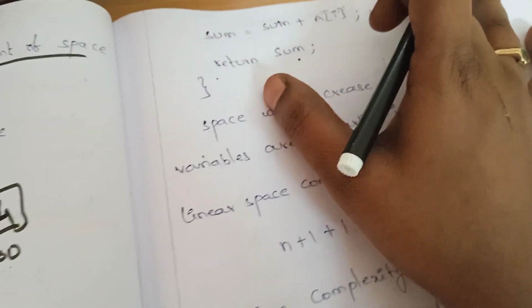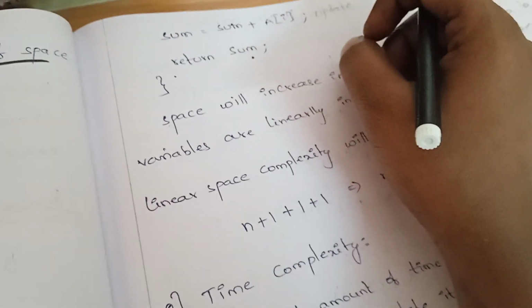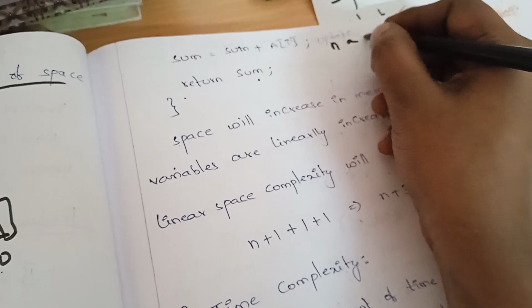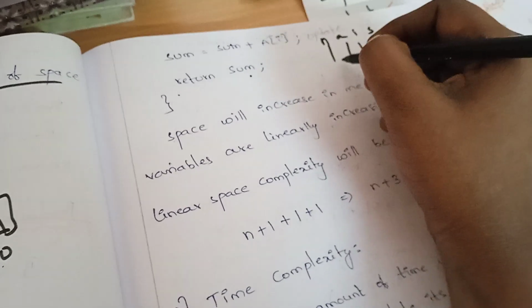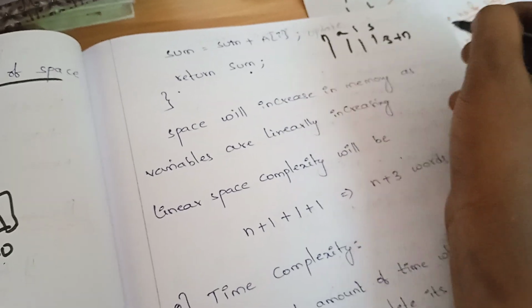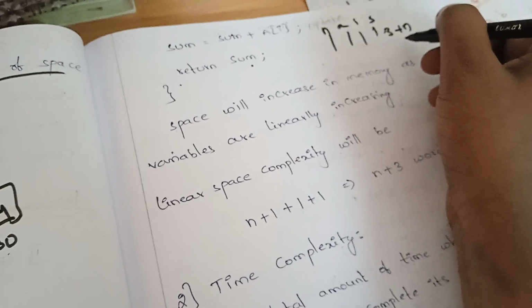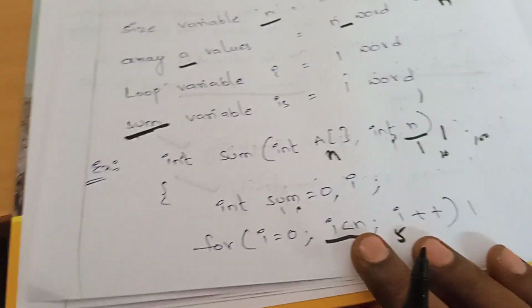That is the instruction space complexity. The data space complexity is the number of variables: n, array, i, sum. 1, n, 1, 1 means 3 plus n. This is the data space complexity. Instruction space complexity is 7 plus n, or 6 plus n, because we count the for loop as n.